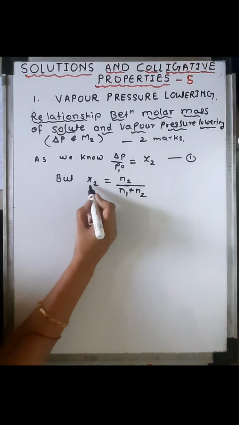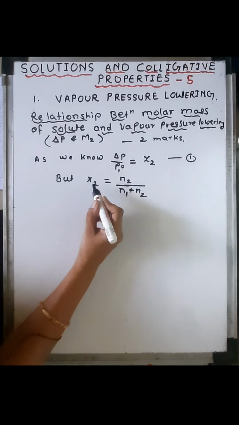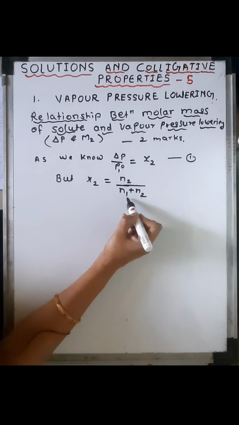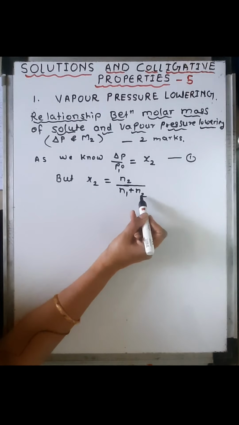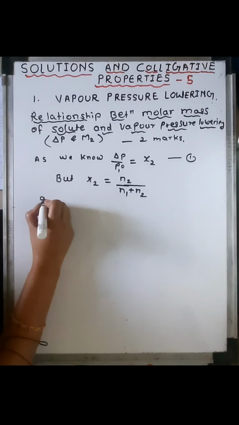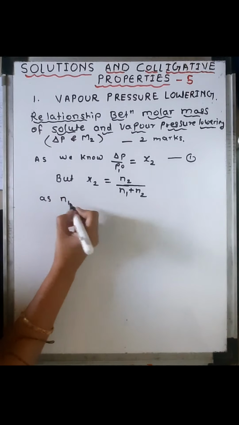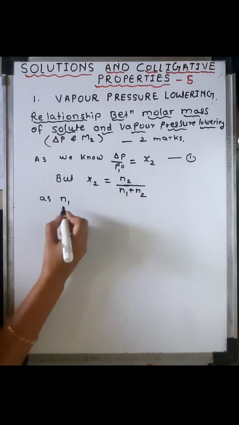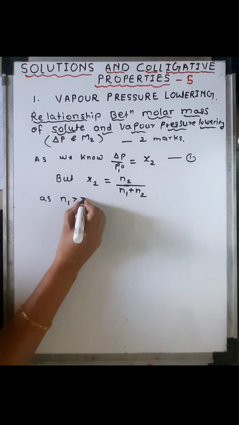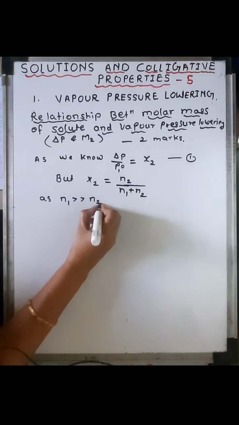So how will you calculate X2? X2 is equal to number of moles of solute upon number of moles of solution, and in solution there are moles of solvent plus moles of solute. N1, the number of moles of solvent, is very large compared to N2.